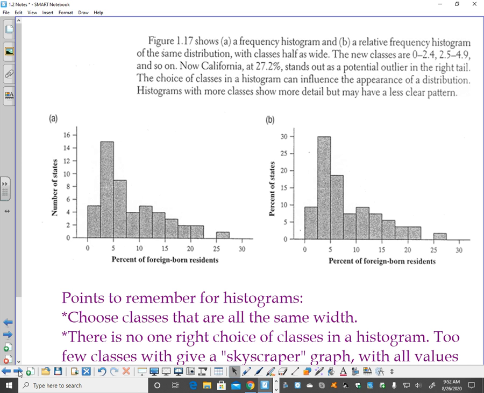But if they use the graph that has classes from 0 to 5, then California just kind of blends right in with everybody else. And it's up there at the top, but we kind of knew it would be, but it does not look like an outlier.